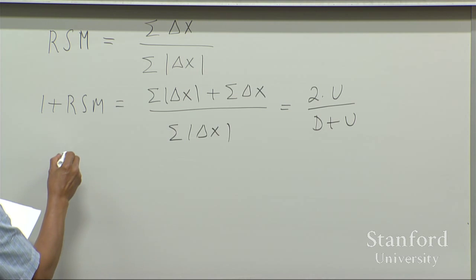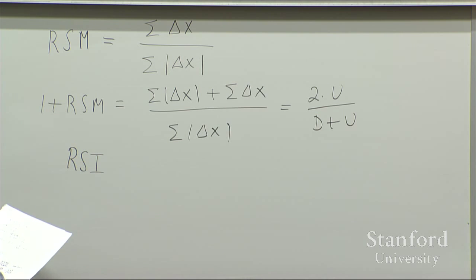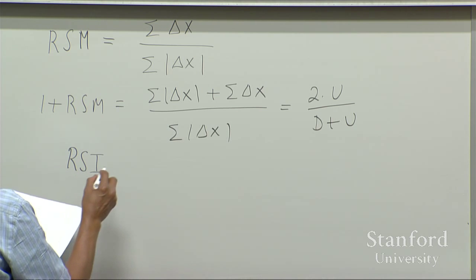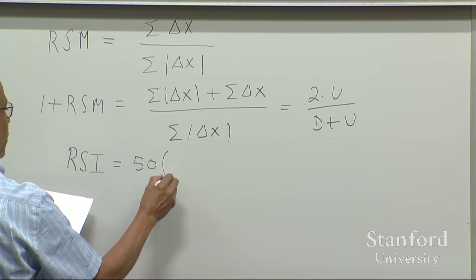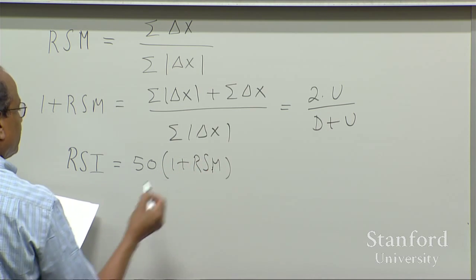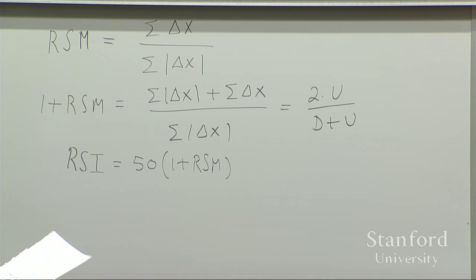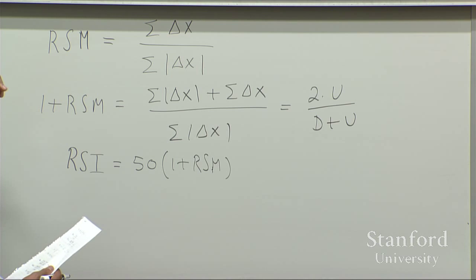Okay, so there's a connection between this and RSI. In fact, you can show that if you look at some of the initial publications on this topic, they follow this. You can show this is the same as writing 50 times 1 plus RSM. Okay. I forgot the exact acronym for this. What does M signify? I'll remember that. I'll give it to you later.